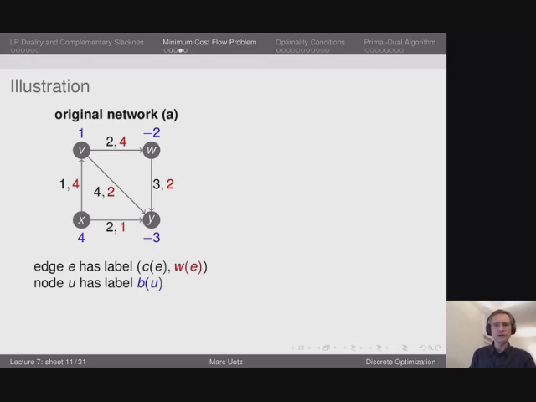And in order to do that, I use the following trick, which is also a standard trick in flow theory.